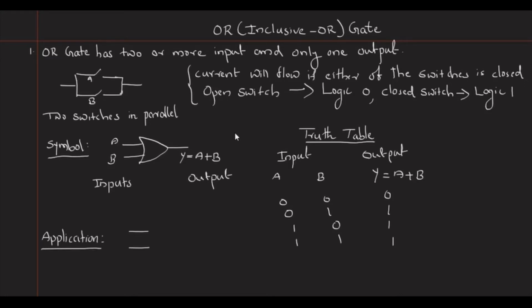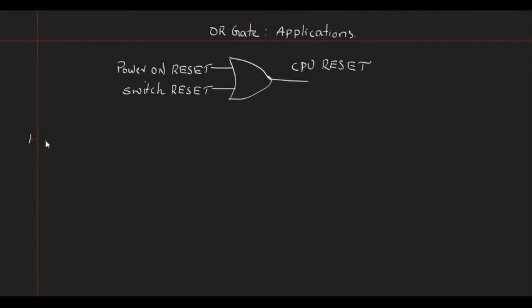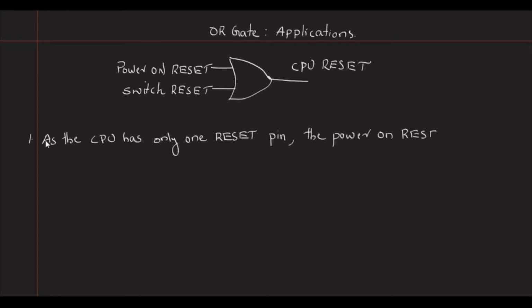Consider a typical application of an OR gate. Of the two inputs, one input is power on reset and the other input is switch reset, and the output is connected to CPU reset. As the CPU has only one reset pin, the reset control from the two points is made through an OR gate.